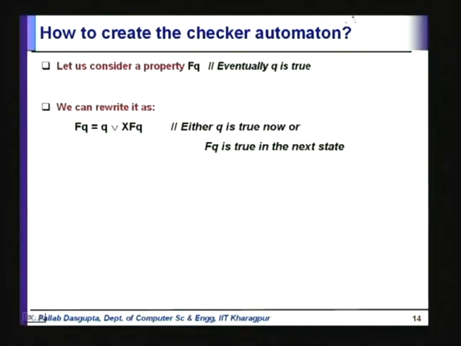Now, let us understand why we are breaking it down like this. The reason is that for any temporal property you can look upon it as something like this. A temporal property is one in which if I get some combination of values of the atomic propositions in this cycle, then the property will become true. For some combination of the atomic propositions it may become false, and for some of them there will be something that we have to check from the next cycle onwards.